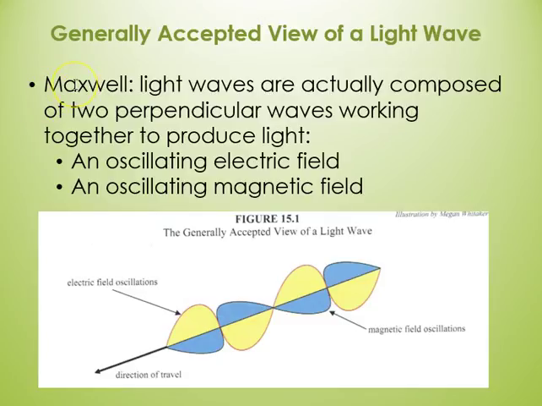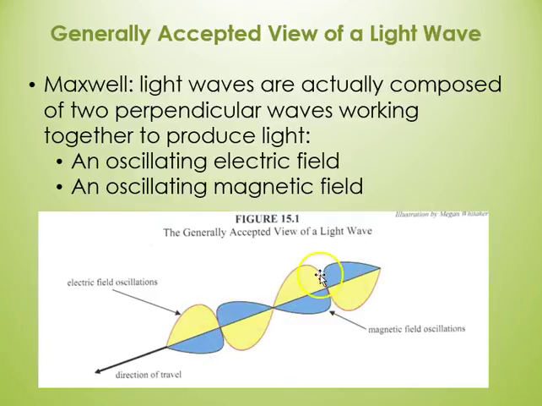Then Maxwell came along, and we've learned about Maxwell previously, and he stated that light waves are actually composed of two perpendicular waves working together to produce light. So you have magnetic waves that are in blue here, and electric waves, or light waves, that are in yellow, and they pass each other in a perpendicular manner.